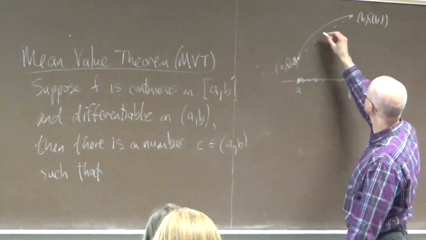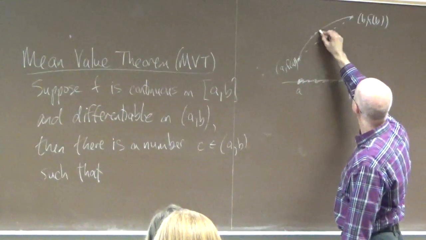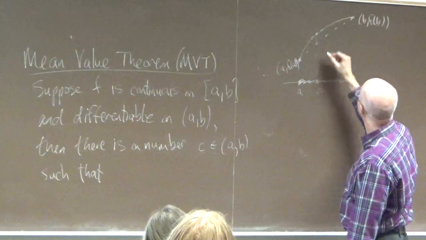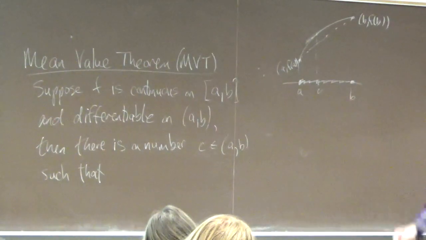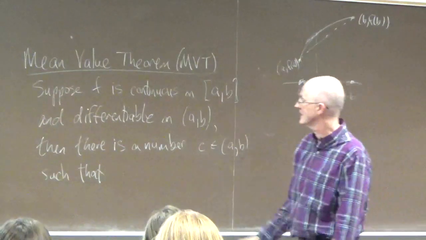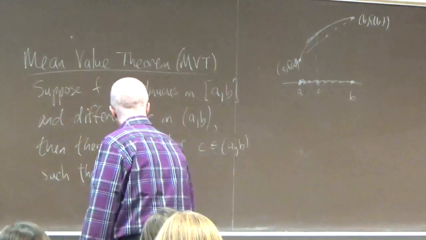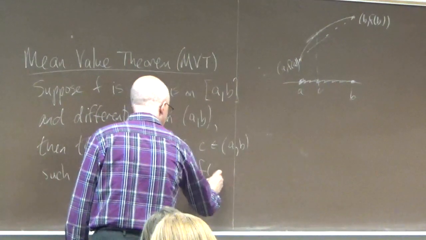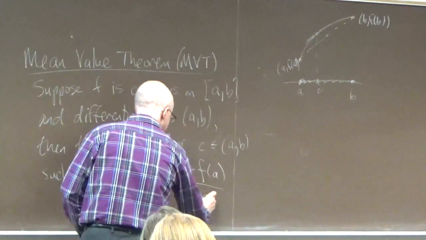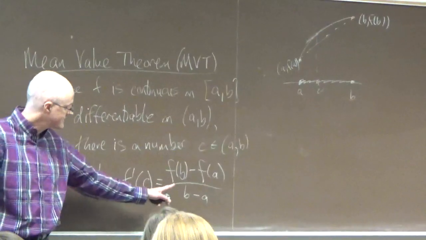There's at least one number c, perhaps right about here, where the slope of the tangent is the same as the slope of the secant. Those two lines are parallel. f prime of c equals f of b minus f of a, all divided by b minus a. That's the slope of a tangent line, and this is the slope of that secant line.